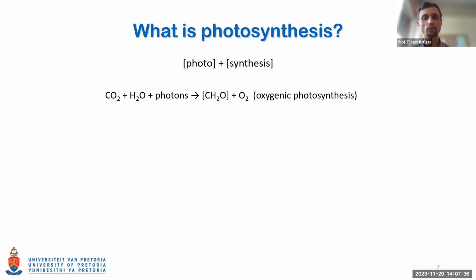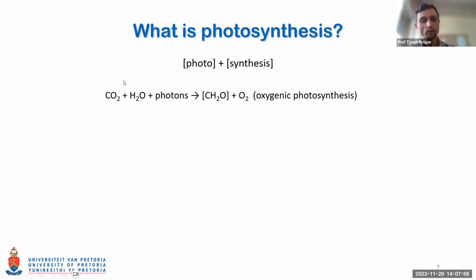Okay, so this equation is for oxygenic photosynthetic organisms, where oxygen is given off as a byproduct and water is used. There are also a lot of anoxygenic photosynthetic organisms that do not use water as the electron donor, but use some other molecules.